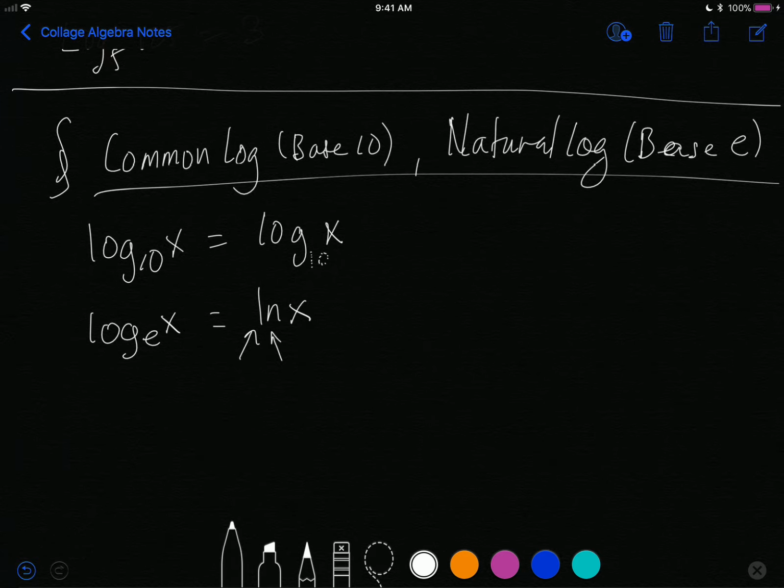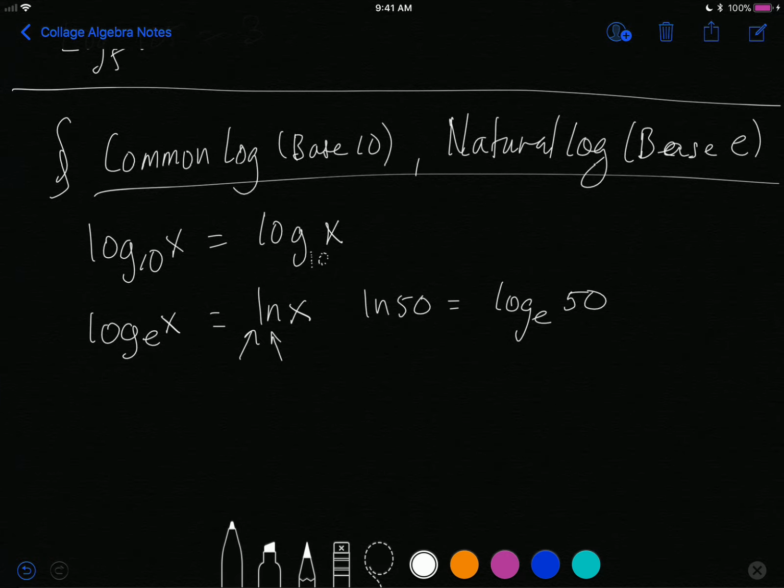Again, ln of x, say ln of 50, simply means log base e of 50. But again, we just don't write the log base e because it takes some time, I guess. I also think that back in the day when we were using typewriters, people got tired of putting all those subscripts in by hand. And so they say, we'll just not write it down. They'll know what we mean. So you need to know what we mean now.